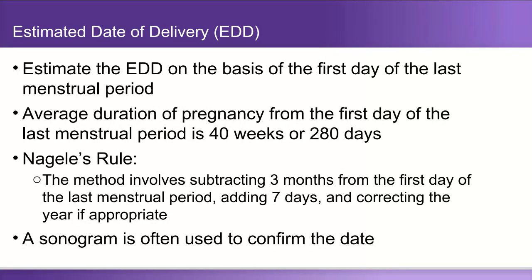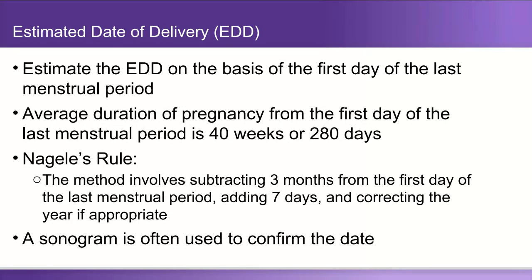The average duration of pregnancy, counted from the first day of the last menstrual period, tends to be 40 weeks or 280 days, okay? But we don't start it at the date of conception. We start it on the first day of the last menstrual period. So we want to know, when was the first day of your last menstrual period?